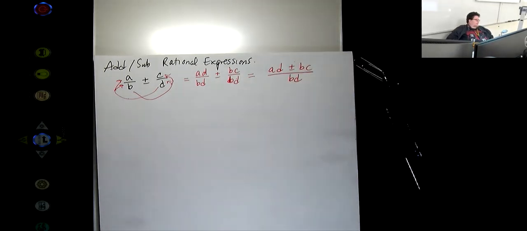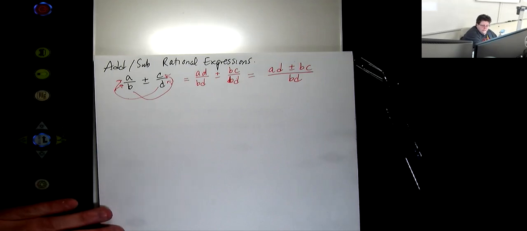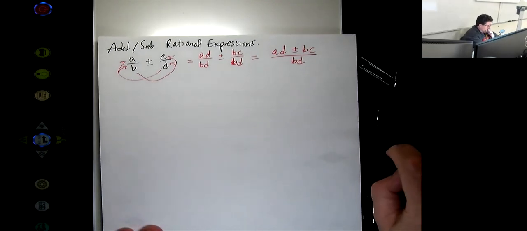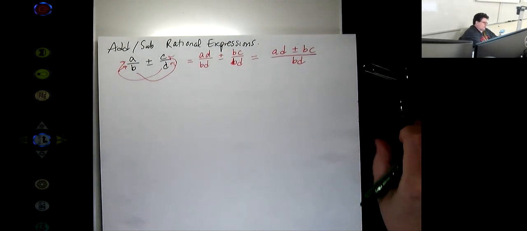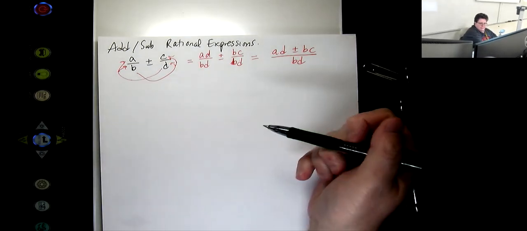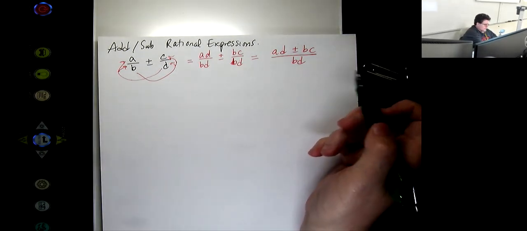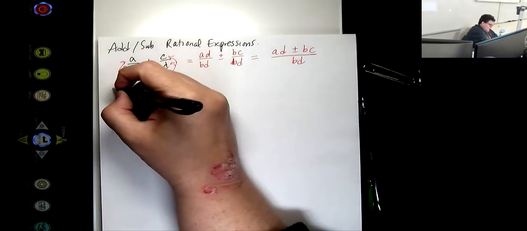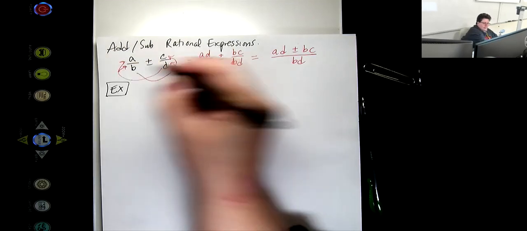That's a general form without any numbers. We will obviously want to simplify. I think this form of multiplying by the other one isn't always the best idea, but it does always work. There are cleaner ways to do this. So let's look at an example.